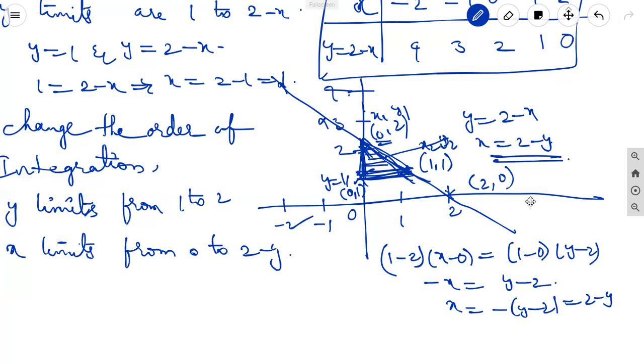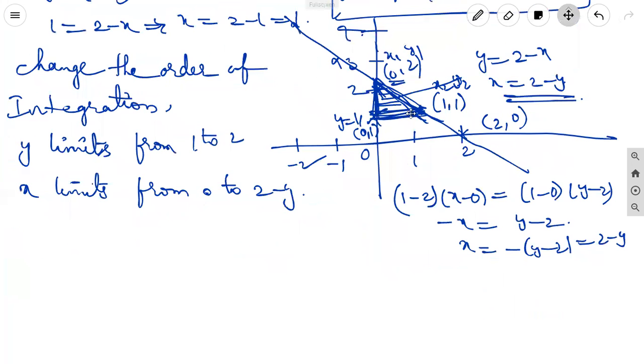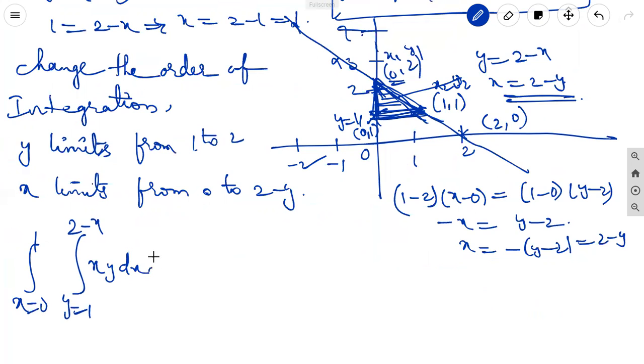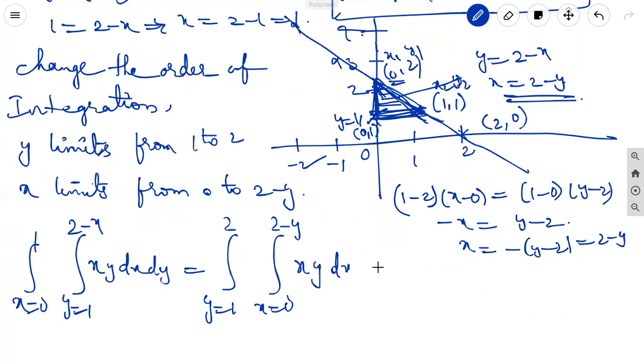Now we get the change of the order of the limits from the curve with the strip of y equal to 1. The given integral, x from 0 to 1, y from 1 to 2 minus x, xy dx dy, is equal to y limits from 1 to 2, x limits from 0 to 2 minus y, xy dx dy.